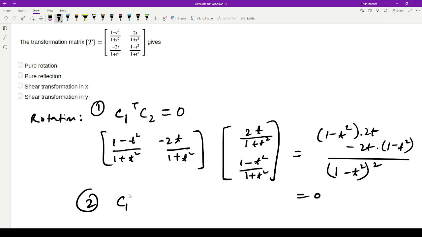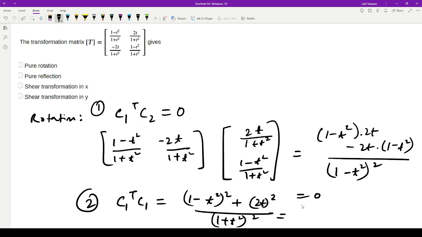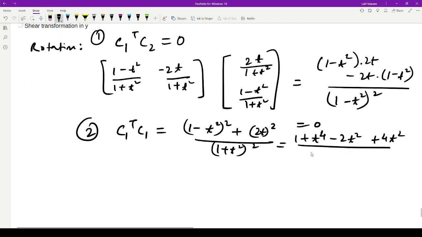Yes. So sir, C1 transpose C1 will be what? Multiplying it with the same thing. So it will be 1 minus t square whole square plus 2t square, upon 1 plus t square whole square. So what will this be? 1 plus t to the power 4 minus 2t square plus 4t square, upon 1 plus t square whole square.